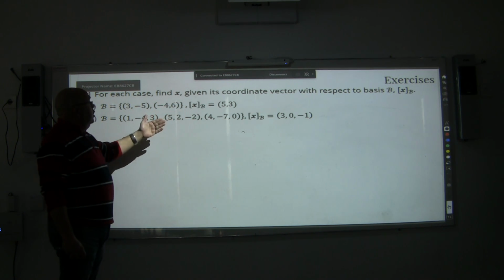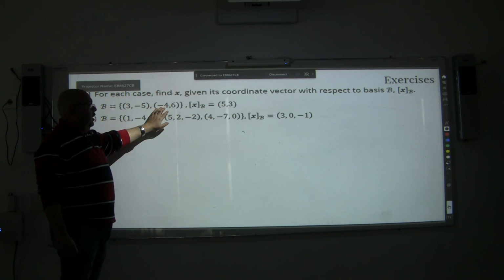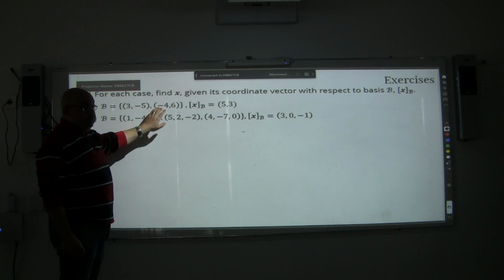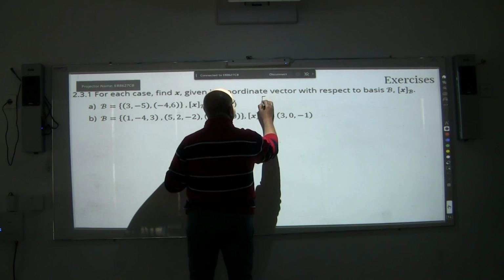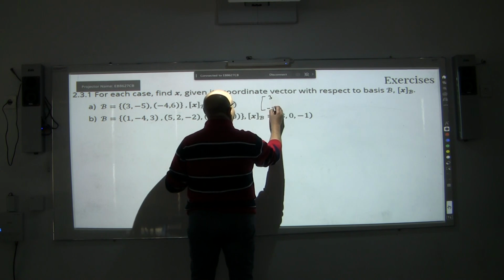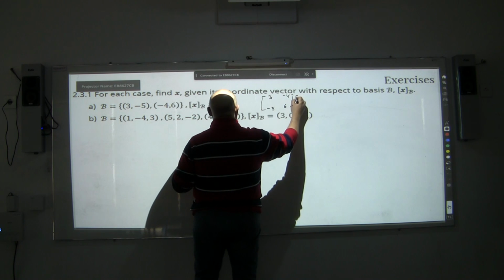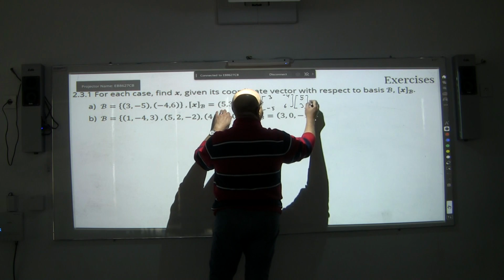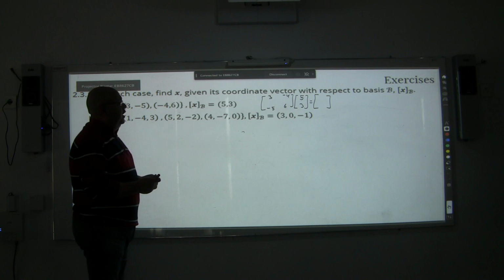It's really very simple to get the vector, simply by multiplying the first vector by 5 and the second vector by 3, or simply form the matrix, which is 3, -5, -4 and 6, and then multiply this matrix by the coordinates, which are 5 and 3, and then you will be able to get your intended vector.